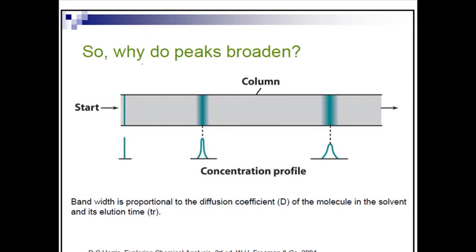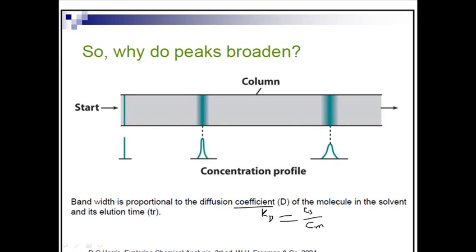Okay, now here, why do peaks broaden? In this case, what we are looking at is that bandwidth is proportional to the diffusion coefficient. You have known that the diffusion coefficient KD is proportional to the bandwidth. So if we have a higher KD, we have a higher bandwidth, and KD is composed of CS by CM. CS means the concentration in the stationary phase.